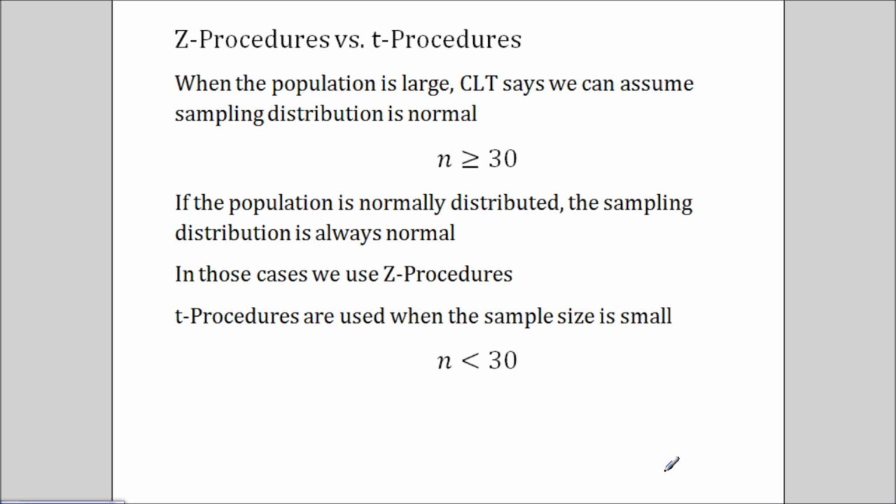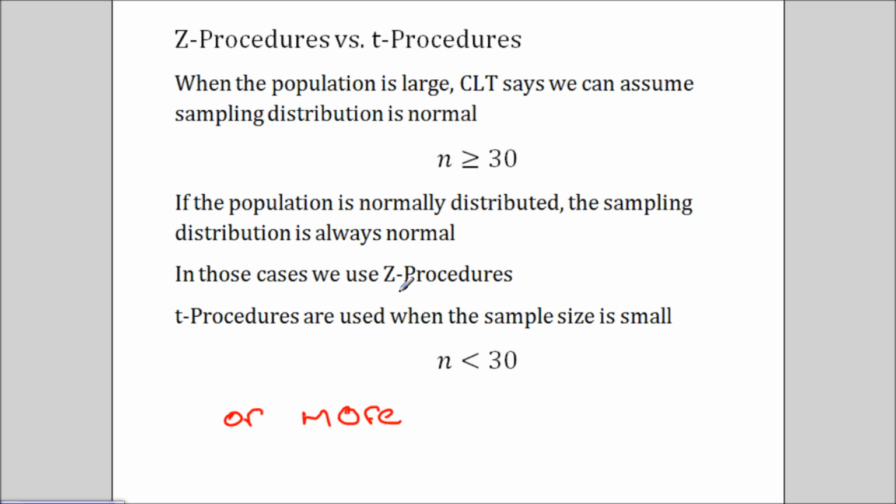If the sample size is large, we can also assume, thanks to the central limit theorem, that the sampling distribution will be normal, so we can use Z procedures. So if n is greater than or equal to 30. T procedures are used when the sample size is small, so n is less than 30, or we have more than one sample. All right?